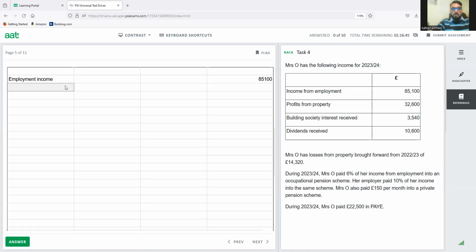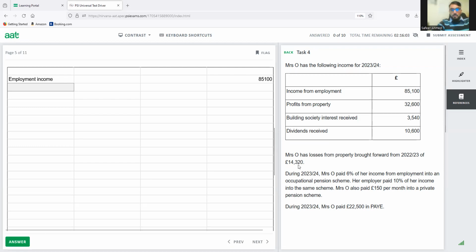Now, always, if there are any employee occupational pension contributions, you must deduct them from this employment income, because remember, occupational pension contributions, in other words employment pension contributions, are all tax-free. But you've got to be careful in terms of personal pension contributions. The personal pension contribution gives tax advantage, but in a different way, which I will show you as part of this question because it is given to us.